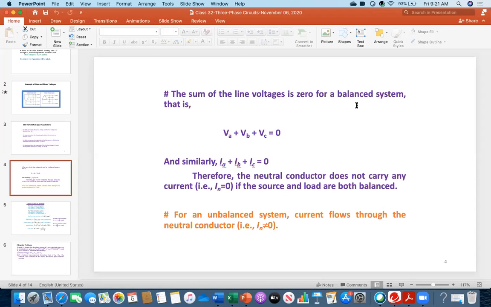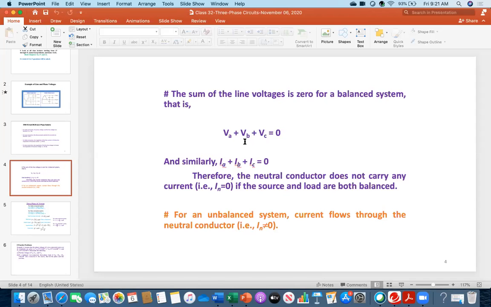Balanced means they have the same magnitude for all three phases. For example, VA has 100 volt, VB has 100 volt, VC has 100 volt, and they properly maintain a 120-degree phase difference.